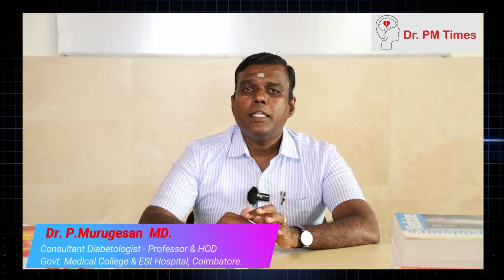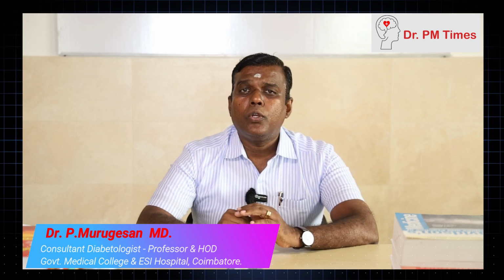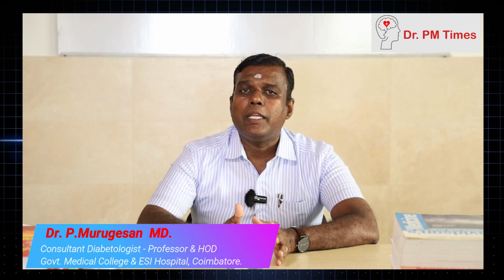In this episode, we are going to know how to evaluate clinically and diagnose a person to be obese. Clinically, when a person comes to the clinic, how to categorize him as obese, how to say whether he is obese or not, just by three physical measurements.